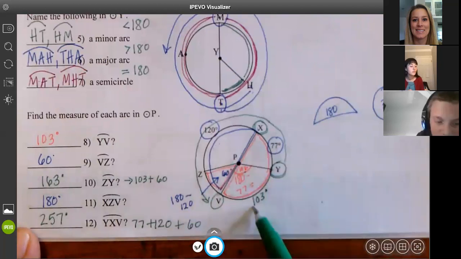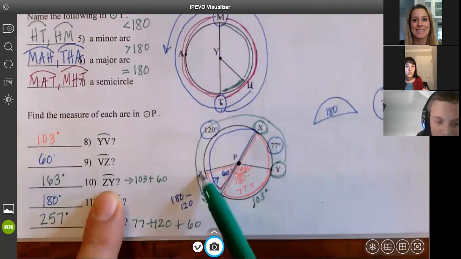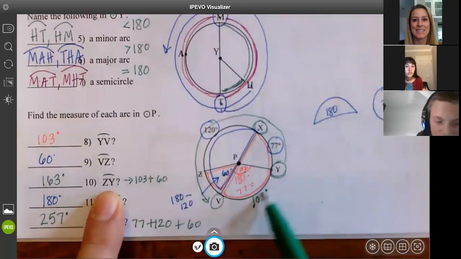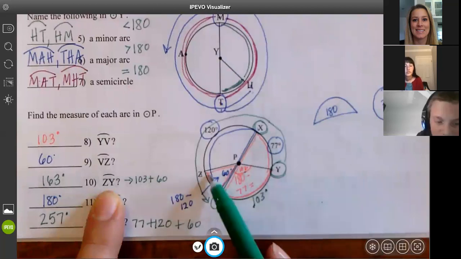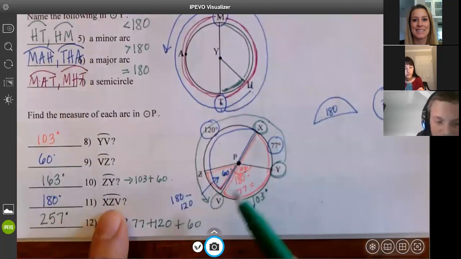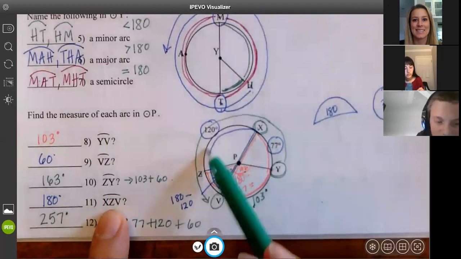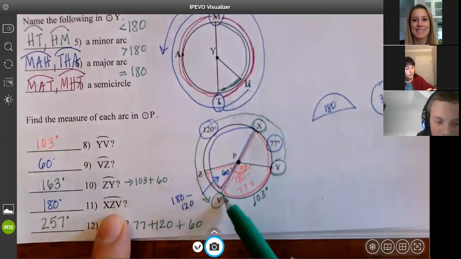So the last ones, we're adding things together. If we do Z to Y, we're going to include all of this, so 60 plus 103 gives us 163. Then X, Z this way to V, that's going to be a semicircle, so 180.